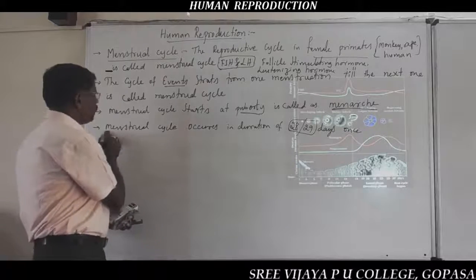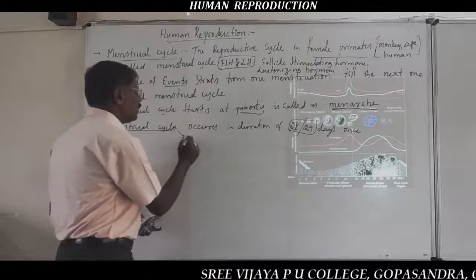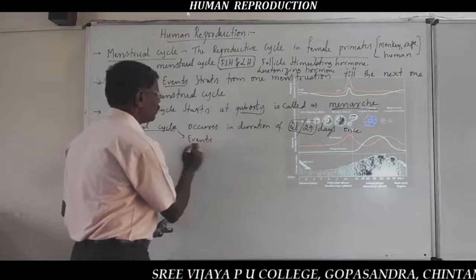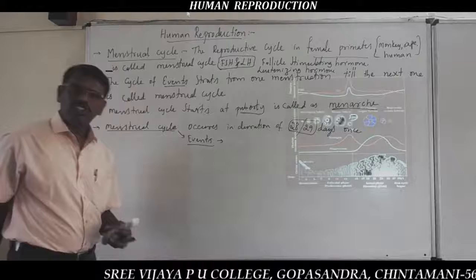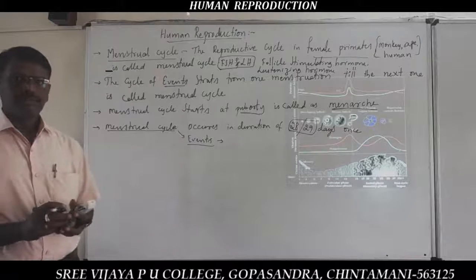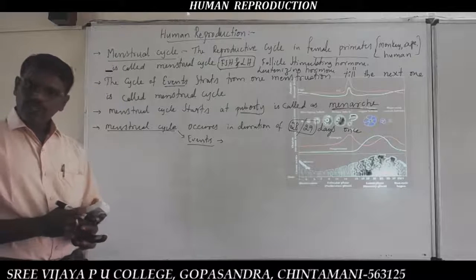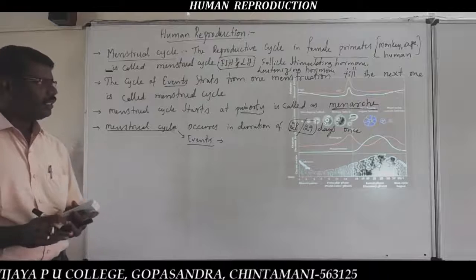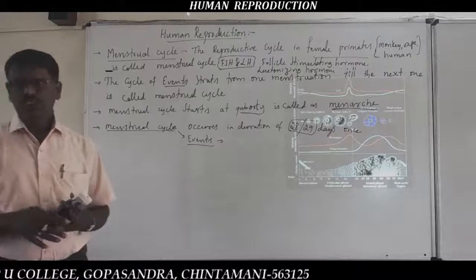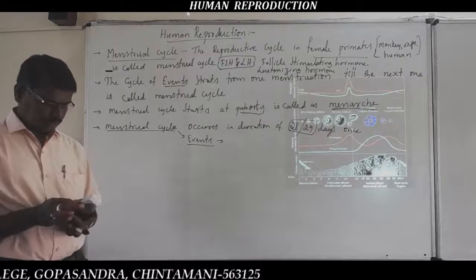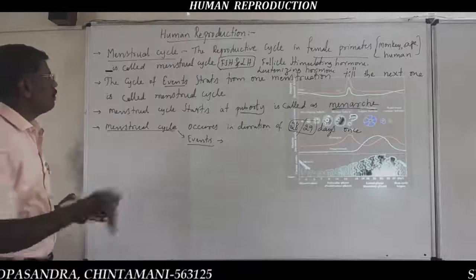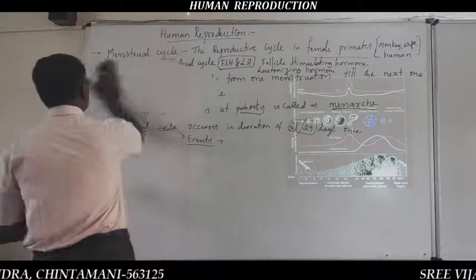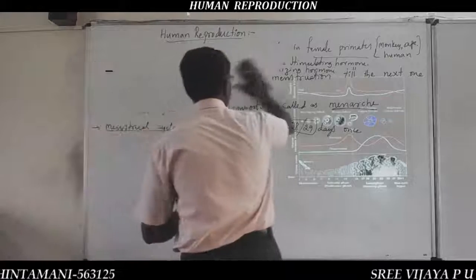During the menstrual cycle, what are the events that occur? The events of the menstrual cycle occur in 4 phases.